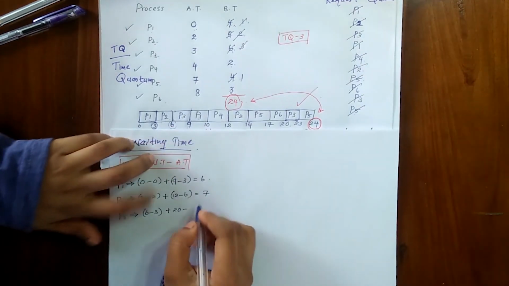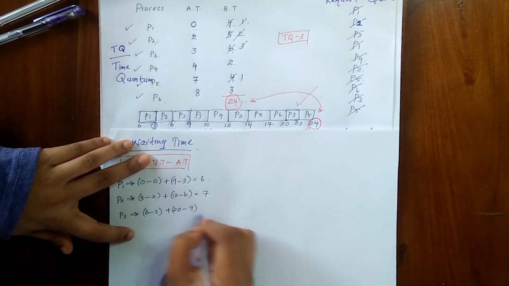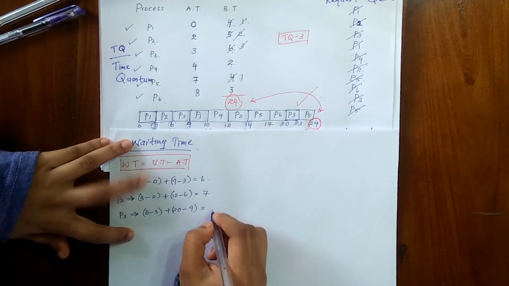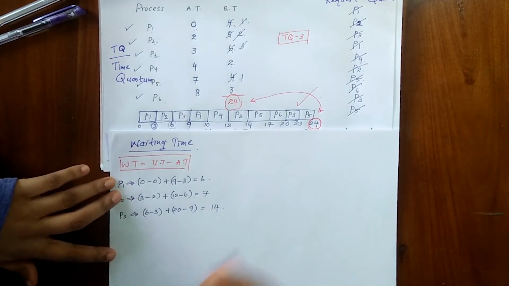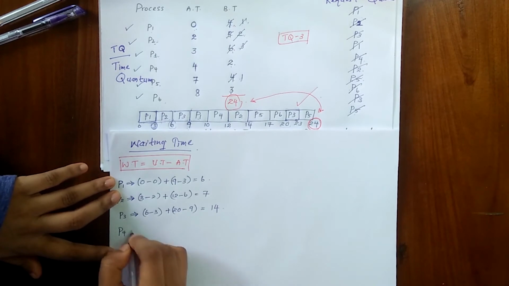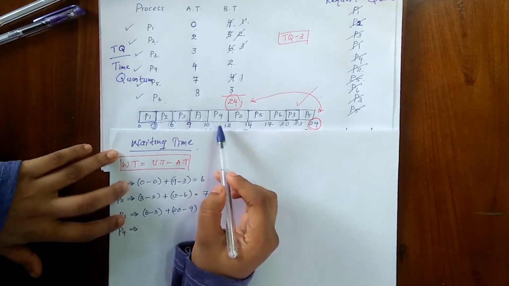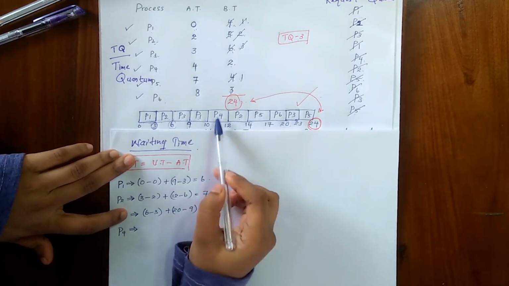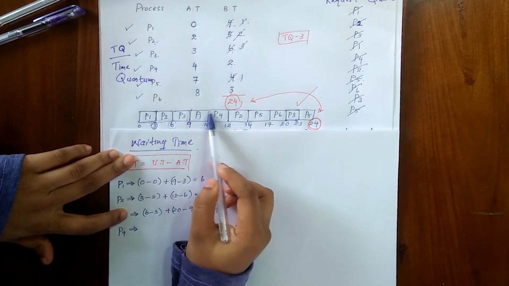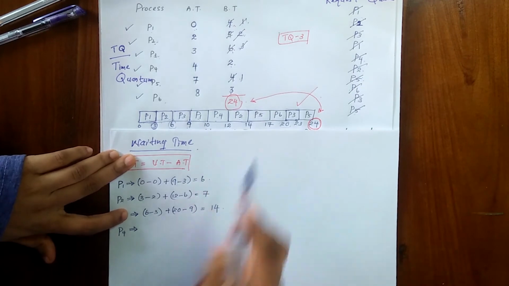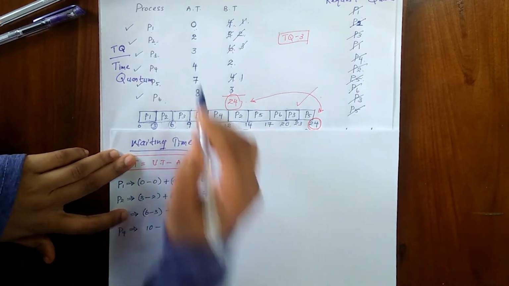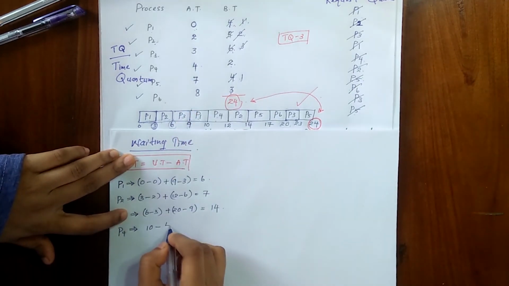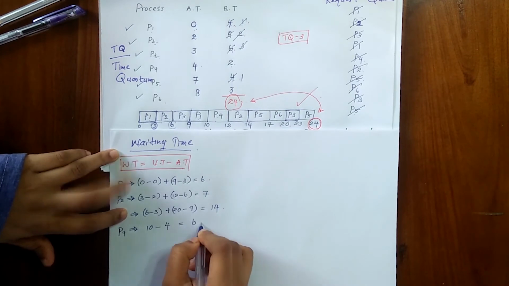So it is 9. So here the total is 14, right? Then let's move to P4. P4, the first P4 is here, and you can see that there is only one P4, right? So it is easy. The answer is 10 minus the arrival time. It is 4. So it becomes 6.